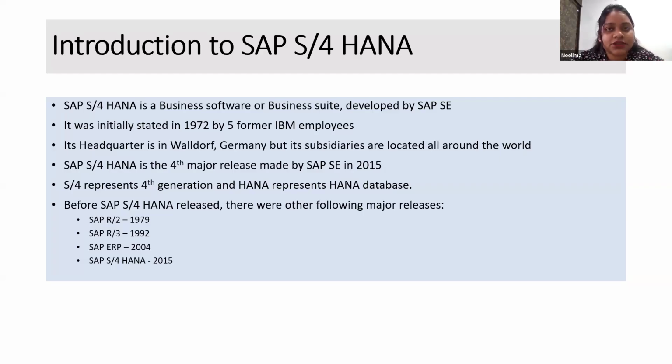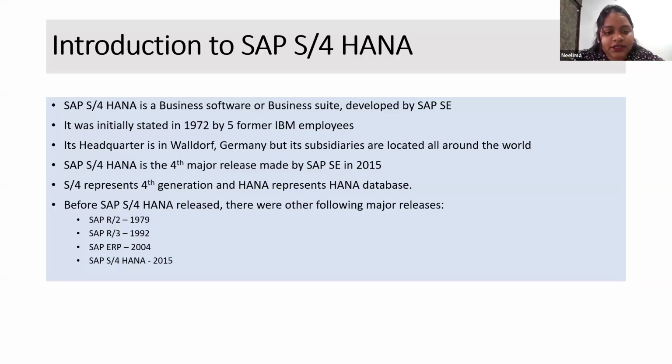In SAP S/4HANA, S represents Simple Finance, 4 represents the fourth major release of SAP, and HANA represents the database that SAP uses. HANA refers to the high performance in-memory database.